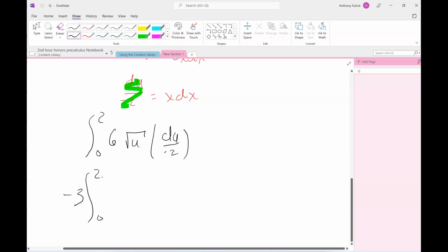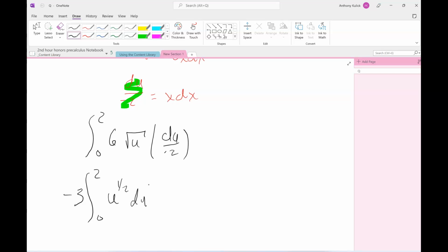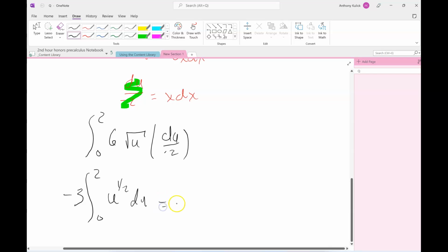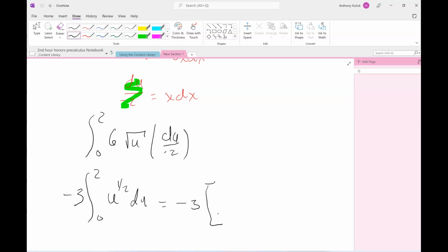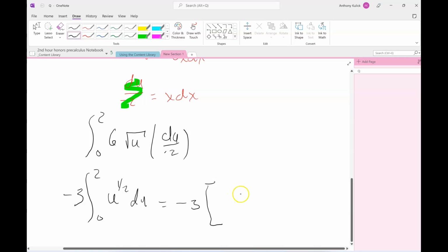So 6 times 1 over -2 is -3, so we'll pull that out front. And then I would think about the square root of u as u to the 1/2. So it's the integral of u to the 1/2. This is like the most simple integral we can do, right? It's 2u over 3 to the power.